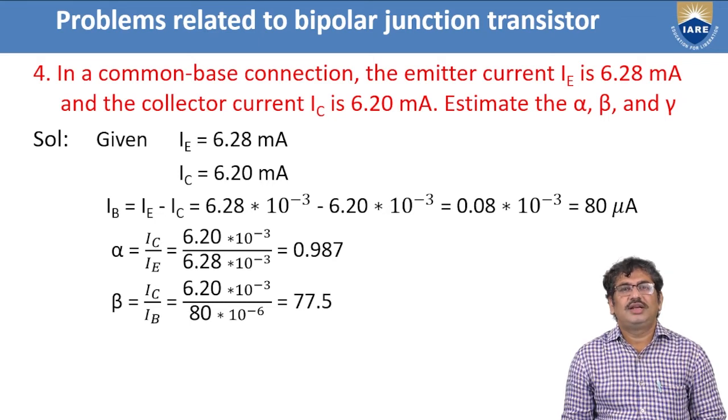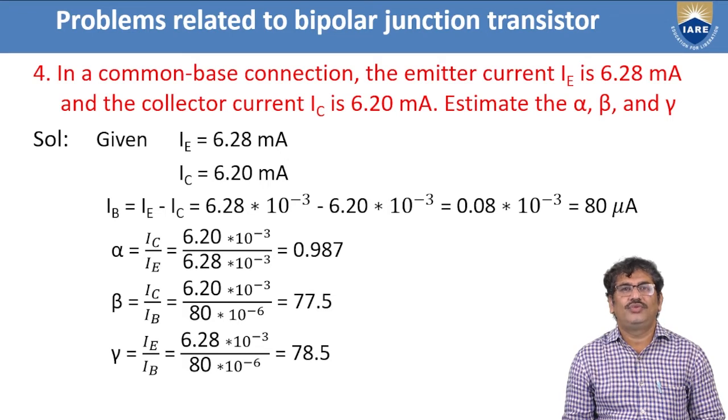The last current gain of the transistor, gamma, is defined as the ratio of emitter current to the base current. Given emitter current is 6.28 into 10 power minus 3 divided by the estimated base current of 80 into 10 power minus 6, which will give us gamma equivalent to 78.5.